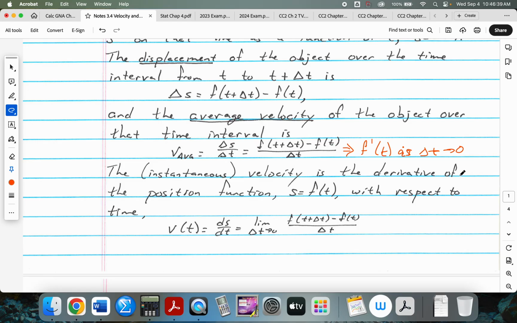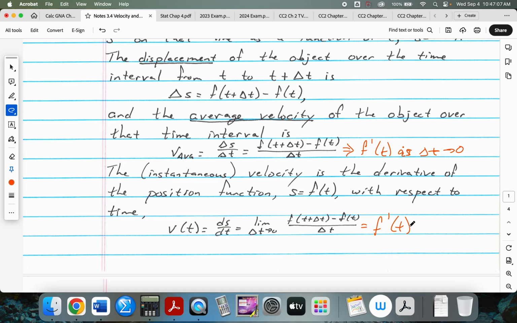So the instantaneous velocity is the derivative of the position function, s equal to f of t, with respect to time. So v of t, you could write that as ds dt, is the limit as delta t goes to 0 of f of t plus delta t minus f of t over delta t, or just f prime of t.